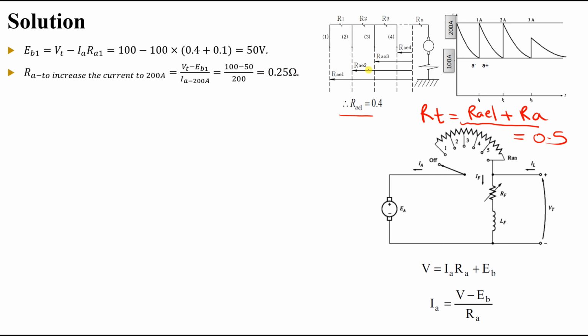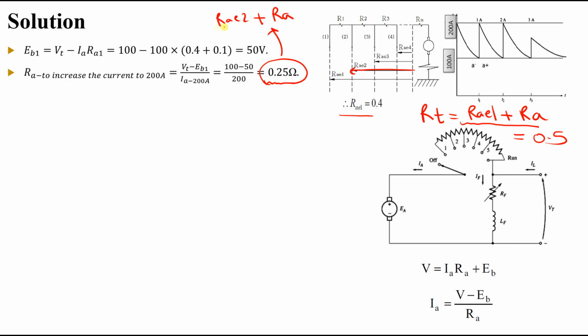So what is our resistance right now? Our resistance was originally 0.5. It will be now 0.25, which is RE2 plus the armature resistance, right?